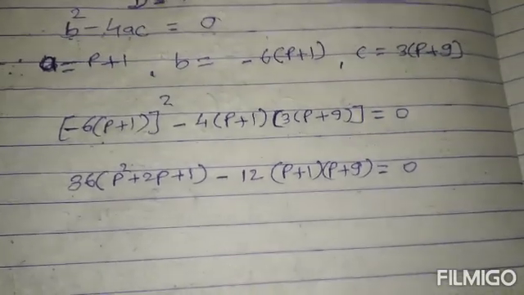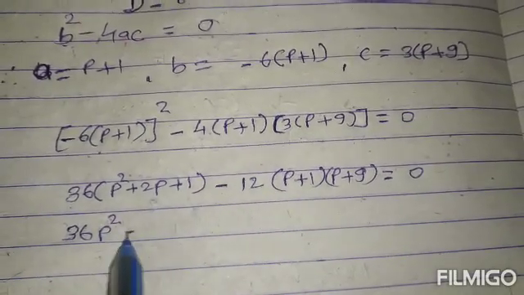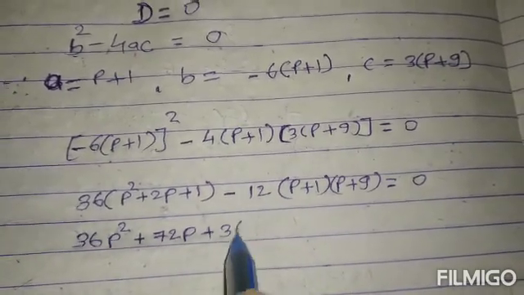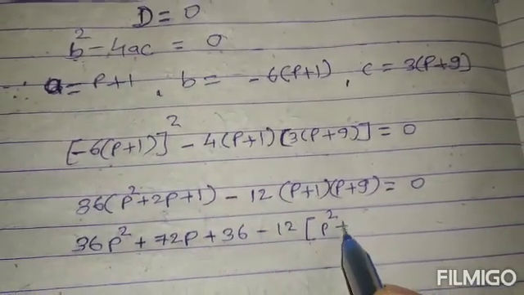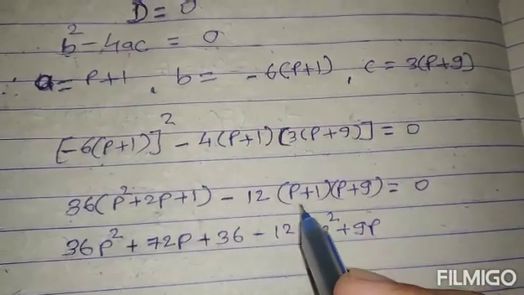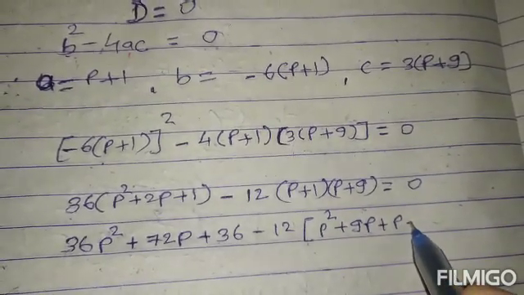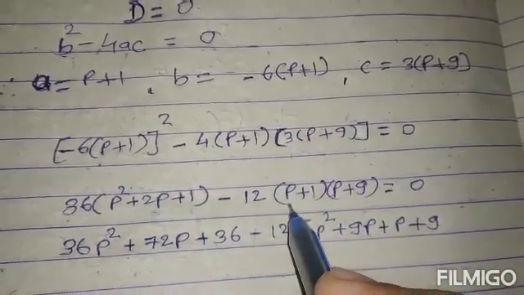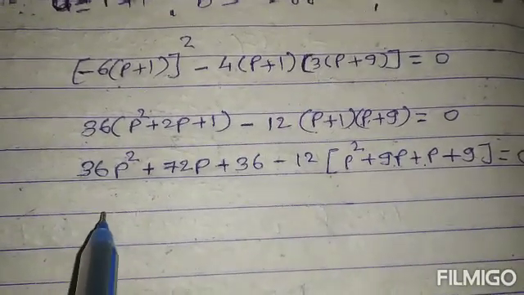If you further simplify this, we can write 36p² + 36 2s are 72p + 36 minus 12 into (p + 1)(p + 9). p into p is p², p into 9 is 9p, 1 into p is p, and 1 into 9 is 9, equals 0. Clear?